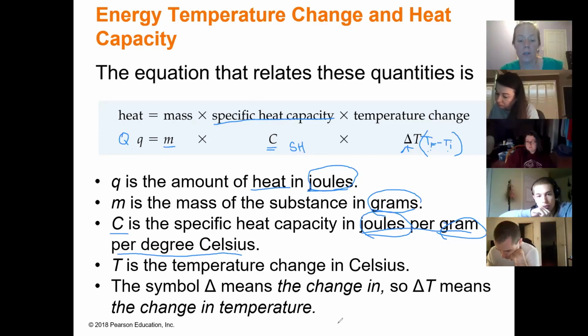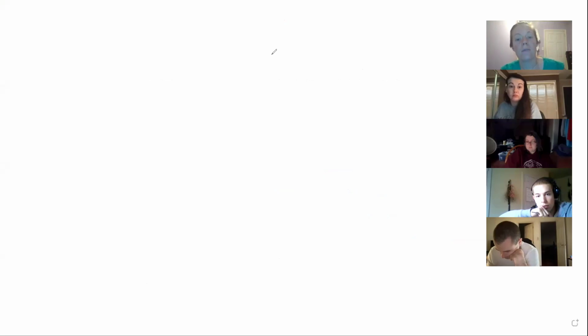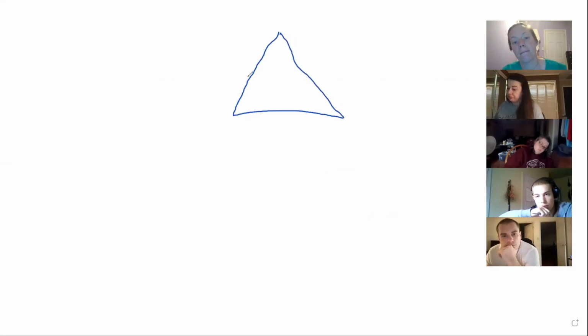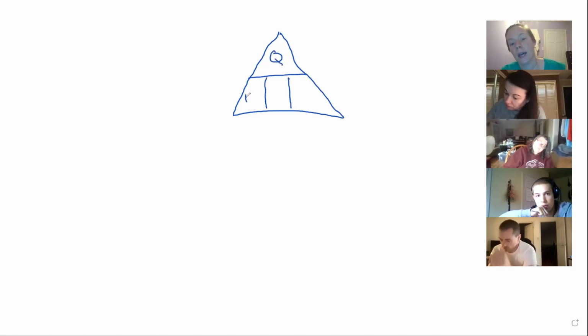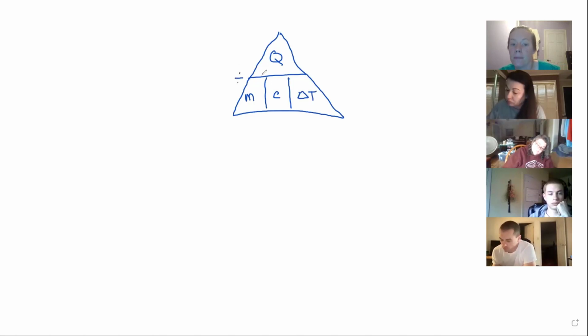If isolating variables again is something that gives you trouble, you can make a triangle for this. Divide it up, put the Q on top, put the M here, C, and delta T. Remember, this is a divider bar, and these are multiplier bars.